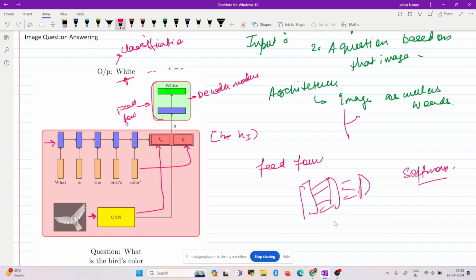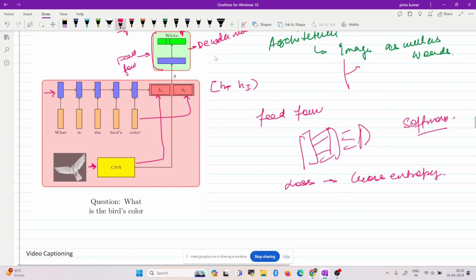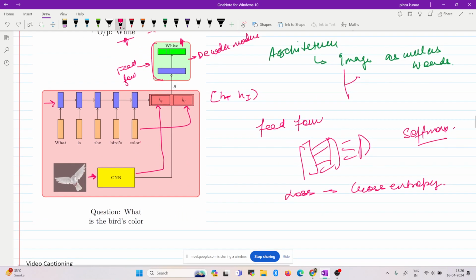Okay, so what is the loss function that we use for this kind of network? Loss function would be again cross entropy. Now this is not a sum of cross entropy, this is just a single cross entropy because you have only one output over here. Whereas in the case of machine translation and those kinds of things, you had a complete sentence as an output. That's why the loss function was a sum of cross entropy.